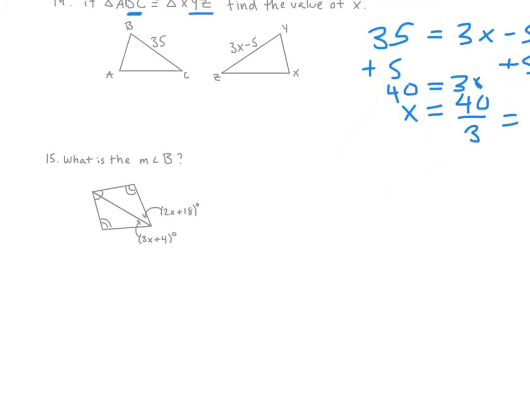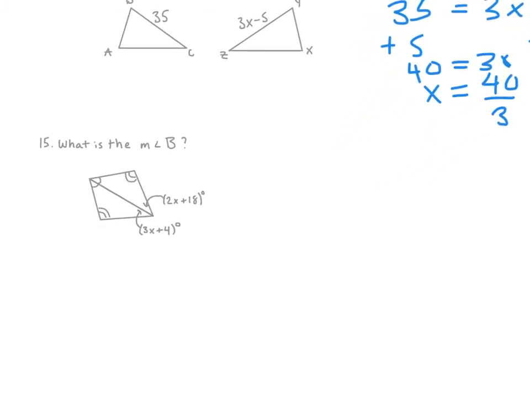15 says, what is the measure of angle B? But if you look, there's no angle B. So let's just find what x is. So how would we start this one? Ariana. Do the two sides equal to each other? So we set them equal.